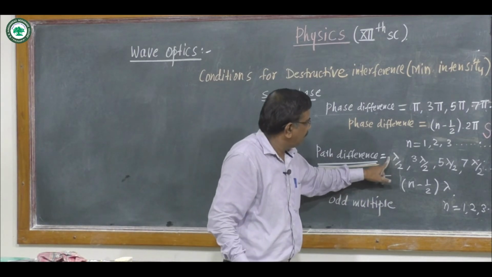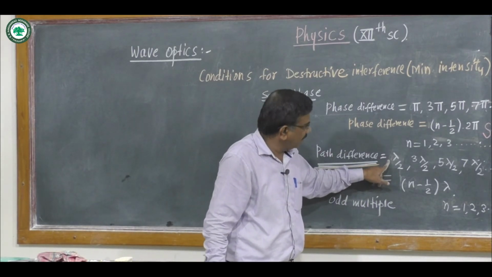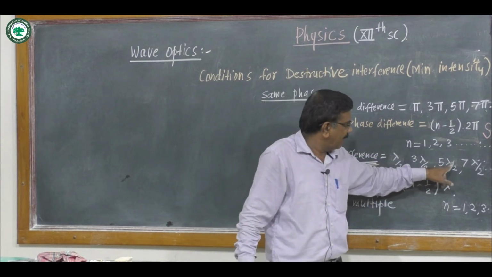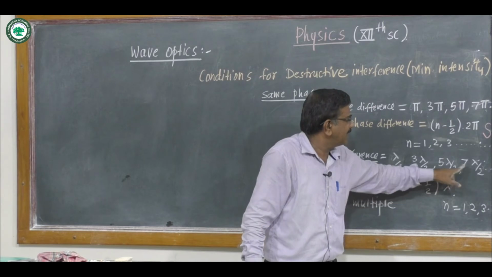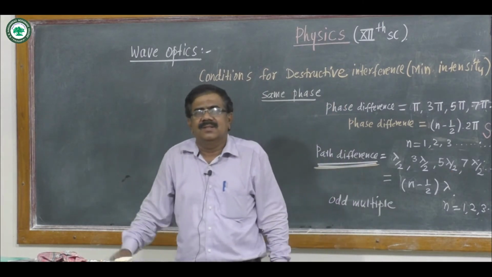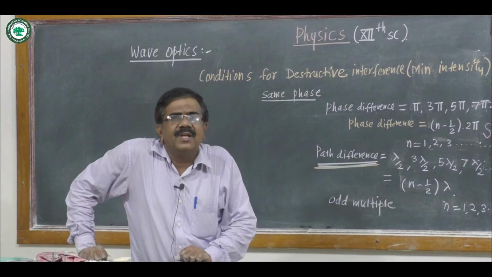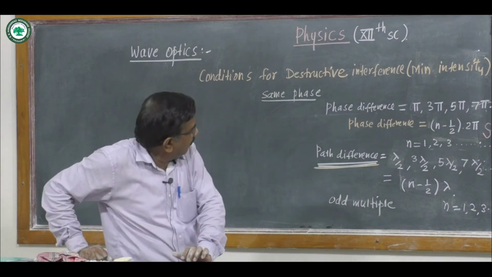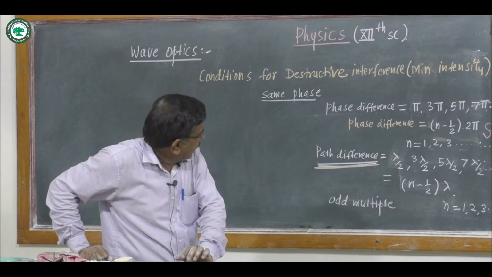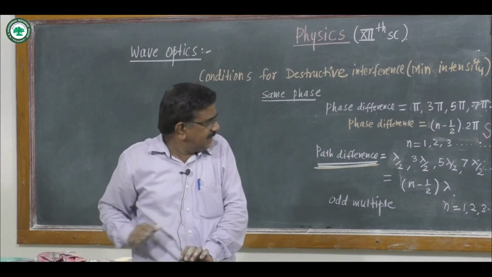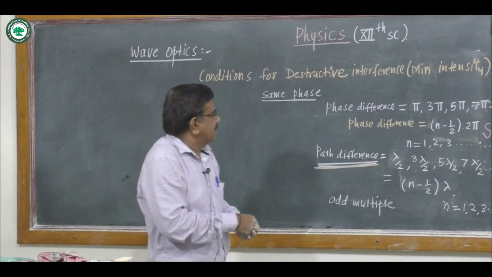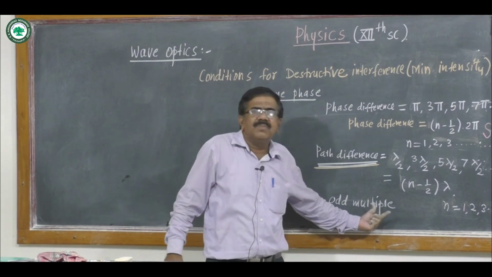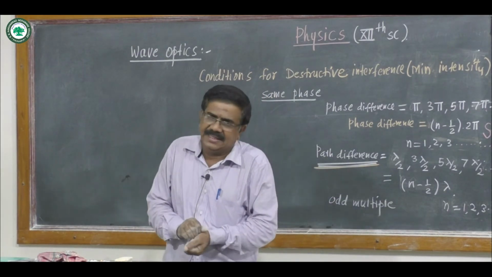Lambda by 2, here 1 is an odd number. 3 lambda by 2, 5 lambda by 2 are half wavelengths, and these are odd numbers. For constructive interference, the path difference must be an integral multiple of wavelength, and for destructive interference, the path difference must be an odd multiple of half wavelength.